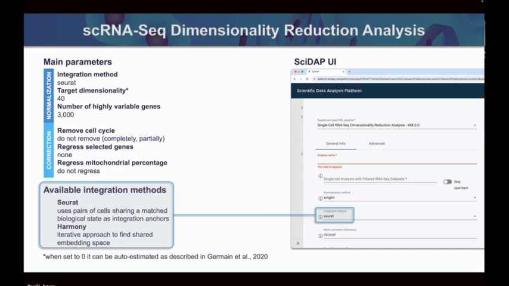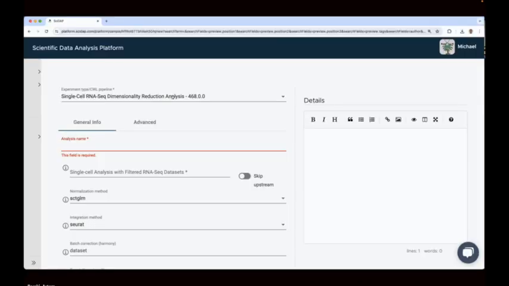So Seurat and SciDAP look in each sample and try to find integration anchors, which would be the cells that are likely to be the same, and they make sure that these cells would be in the same place on the map. Harmony puts them together in a different way, and it can try to remove the influence of the parameters that you don't like to bring all the cells together.